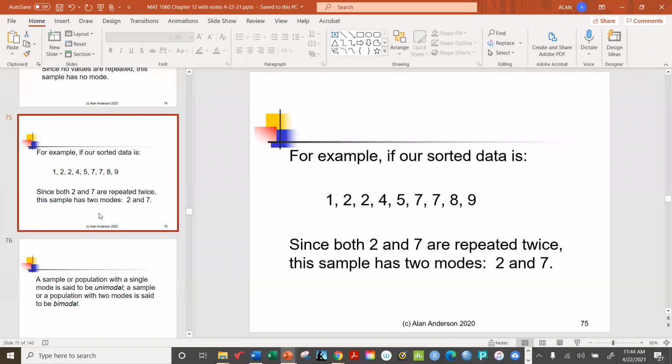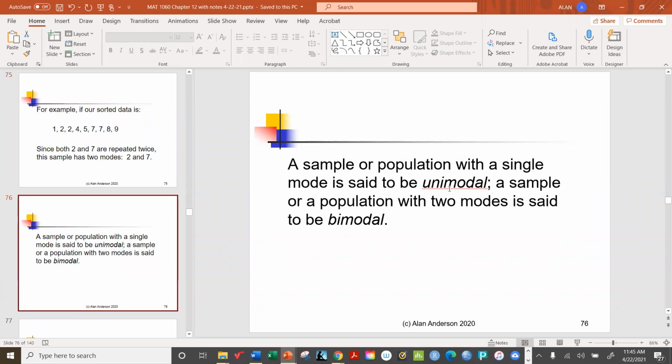Now, there's terminology we can use to describe these cases. There's always terminology. A sample with a single mode is said to be unimodal. Of course, you know that the prefix uni means one.